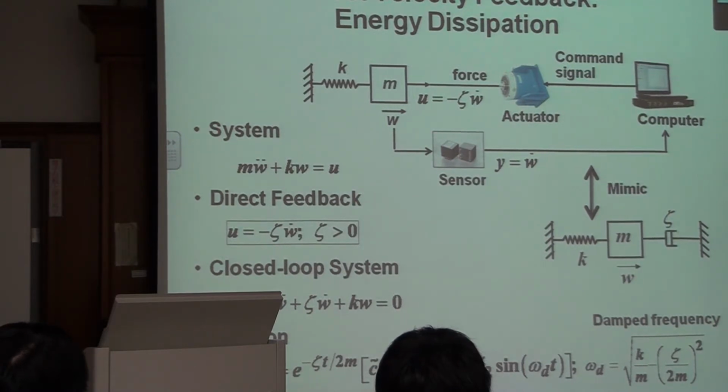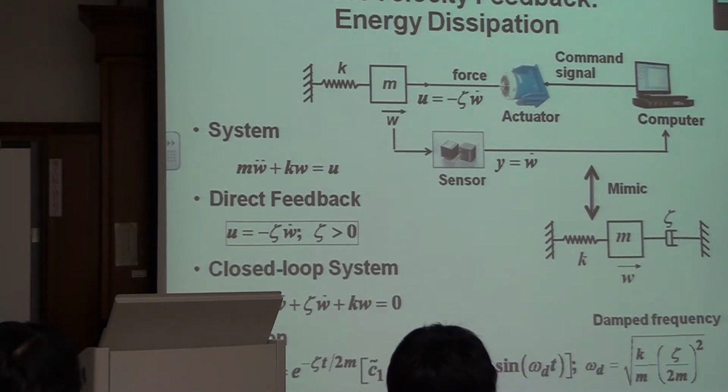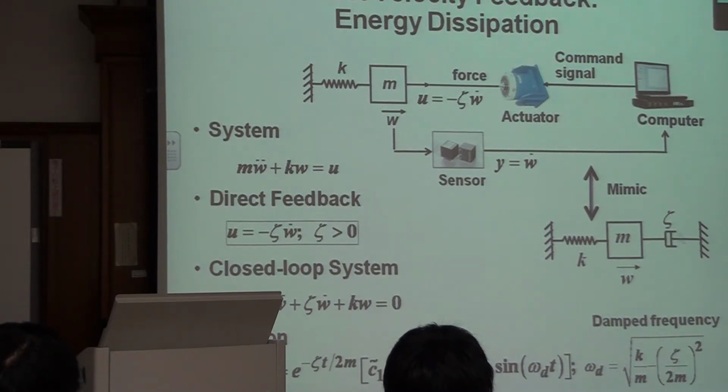And then the energy will decay. So the conclusion here is that the direct feedback of only velocity will add a dashpot, equivalent to a dashpot, to a system. That means you will dissipate the energy.